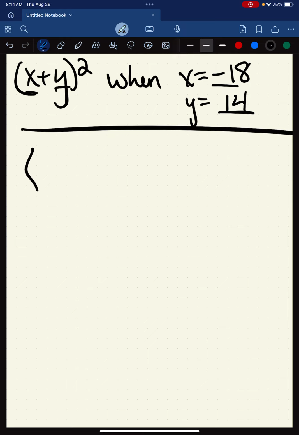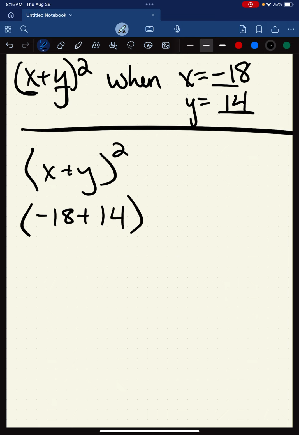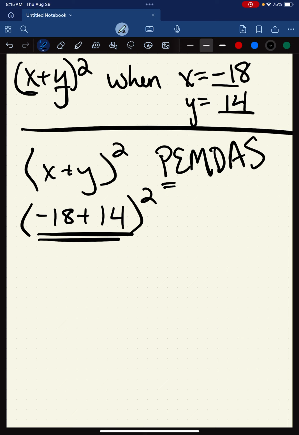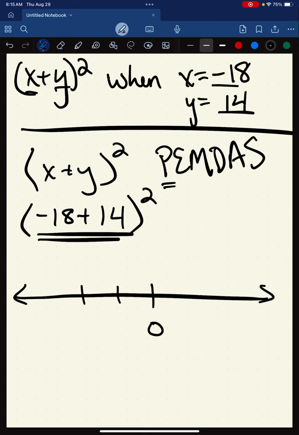Well, let's go ahead and plug everything in. Let's rewrite it. (x plus y) squared, plug in x is negative 18, plug in y, you get (14) squared. Now, if you remember PEMDAS, which we talked about previously, you do what's inside of parentheses first. So we're going to do this first. Negative 18 plus 14: if you imagine 5, 10, 15, here's 18.